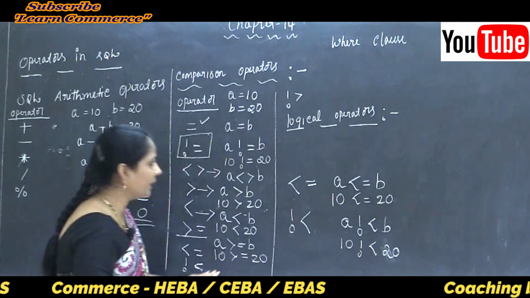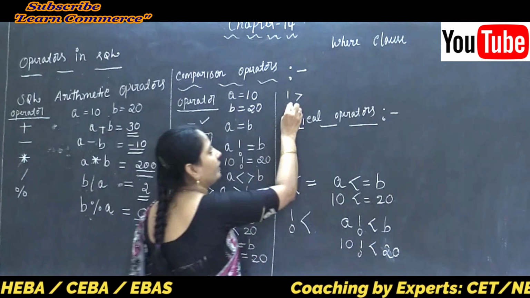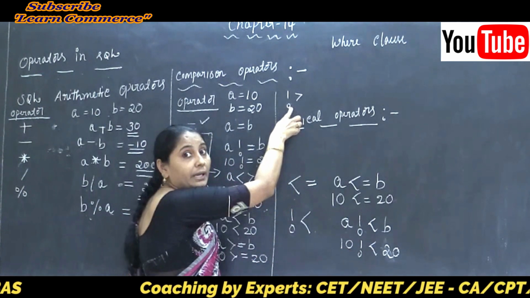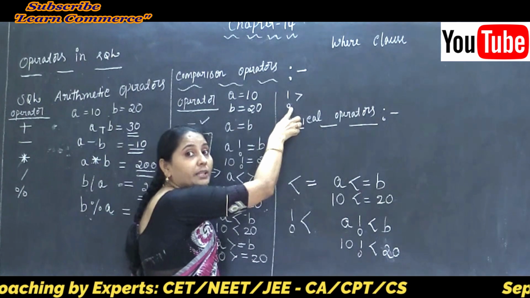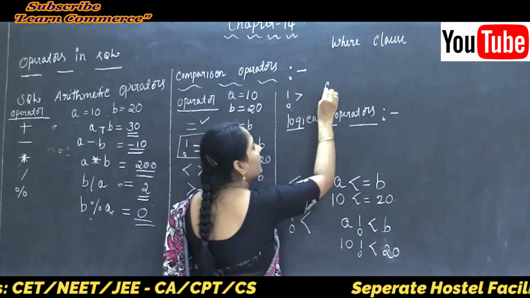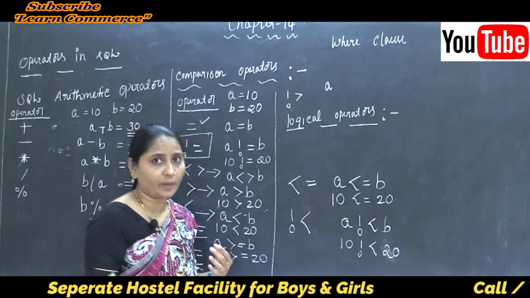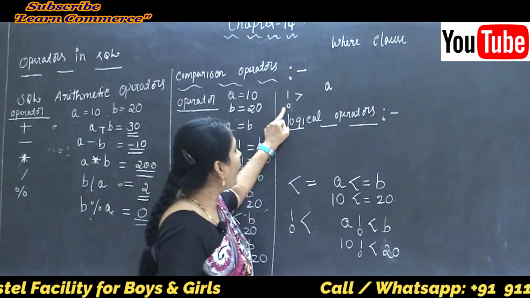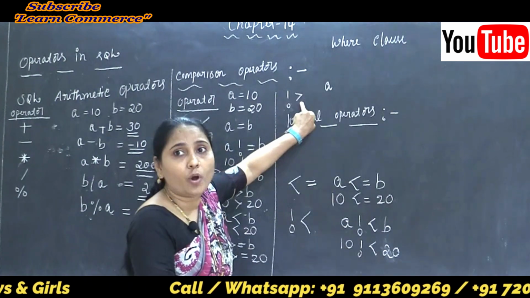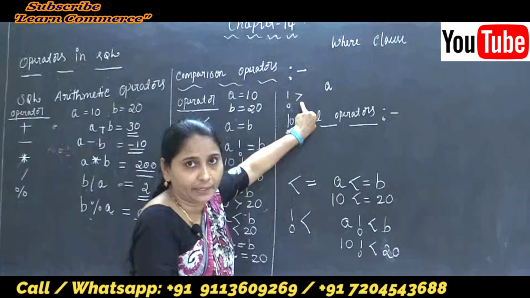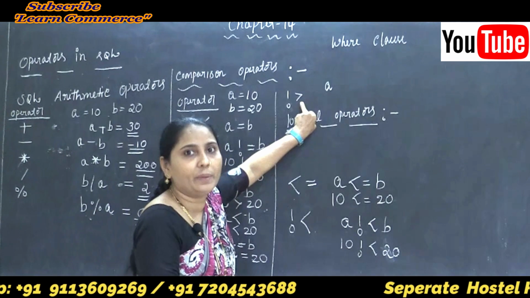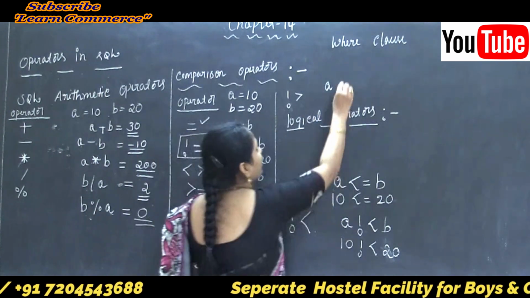So all those conditions, and finally the last condition is not greater than. Clear this point here. Check the value of the left hand operand, whether it is not greater than the value of the right hand operand. If yes, the condition becomes true. So what about this case?